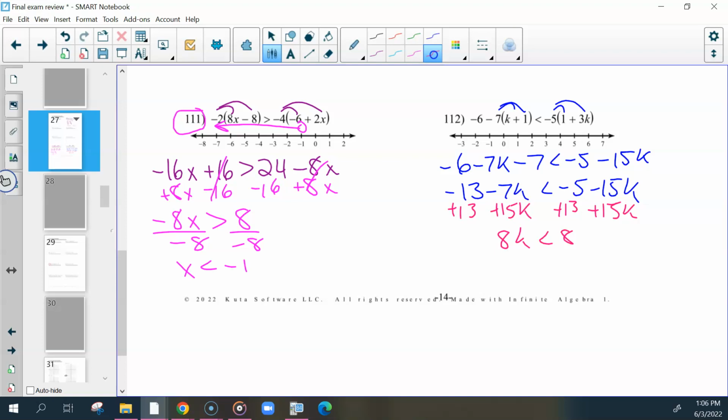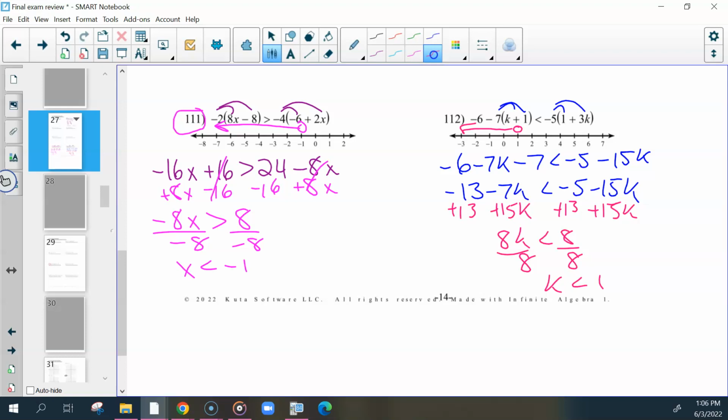And divide both sides by 8. K is less than 1, so there will be an open circle at 1, 0.